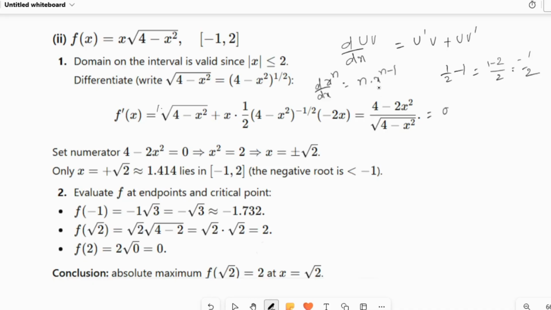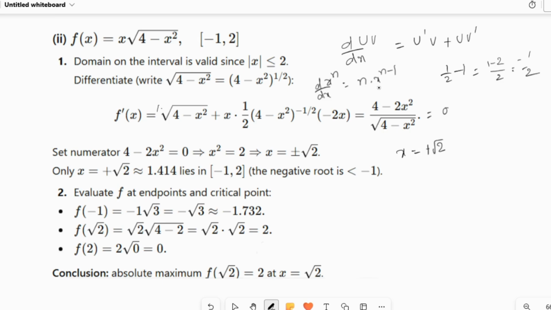If we consider plus square root of 2, then that is in the interval of minus 1 to 2. If we take minus root 2, that is beyond these limits. So we consider x equal to plus root 2.